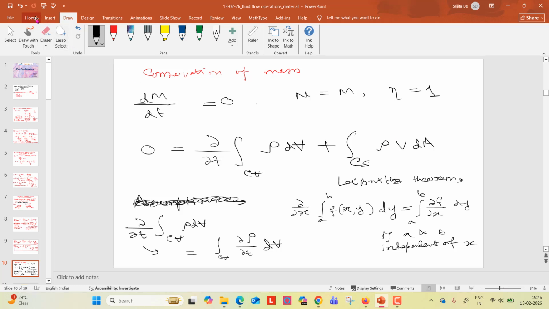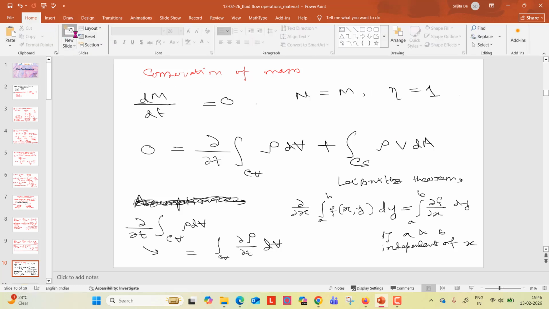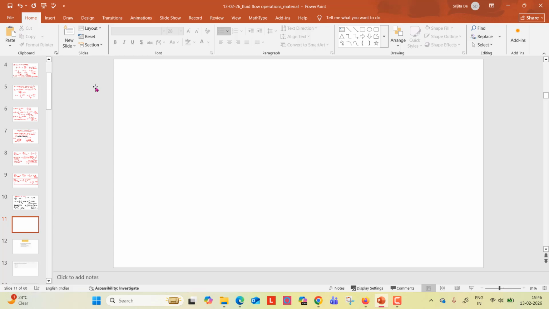For the right hand side part we apply the Gauss divergence theorem. So what was there? Integral over CS of rho V dA, right? Rho V dot dA.